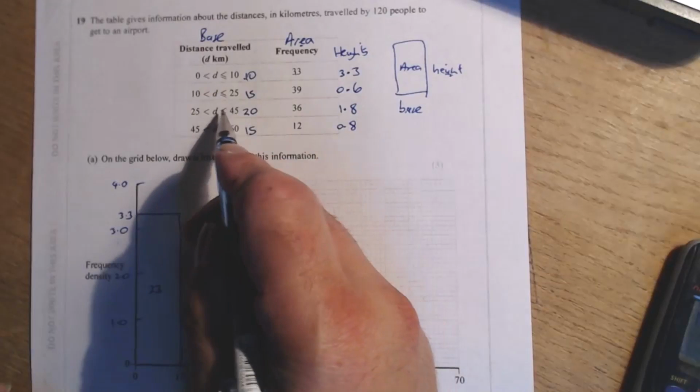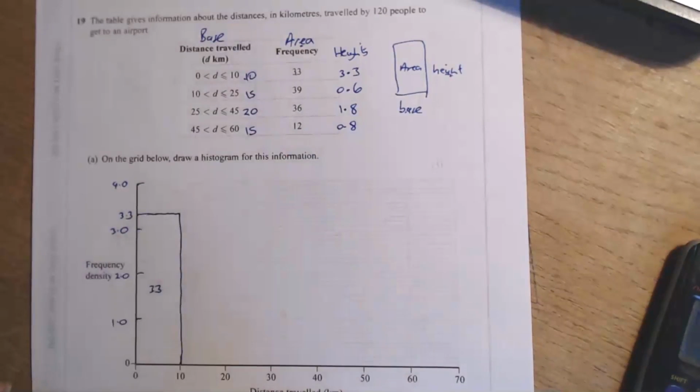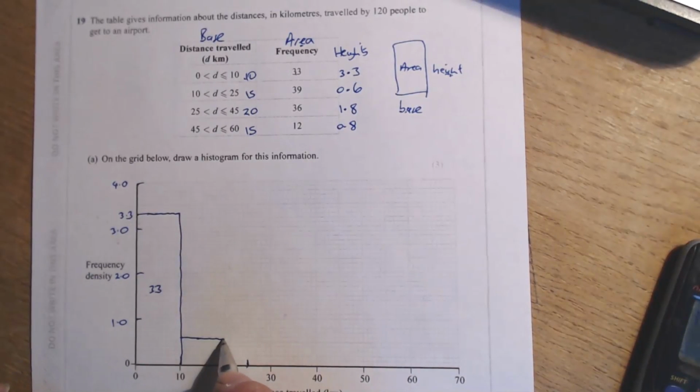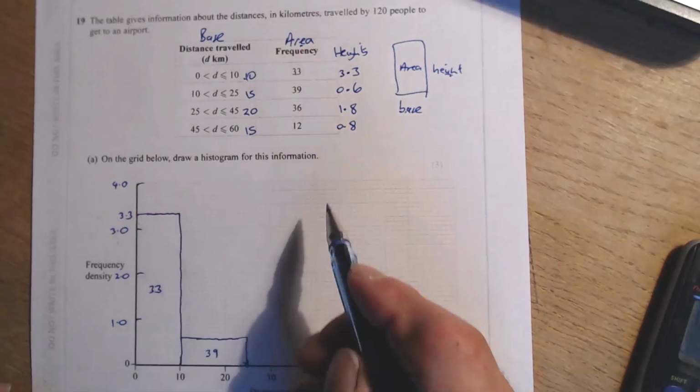Similarly, our second rectangle is going to go from 10 all the way up to 25, which is a base of 15, and that's going to go to a height of 0.6. 15 times 0.6 gives us our 39. And that's not right, is it?